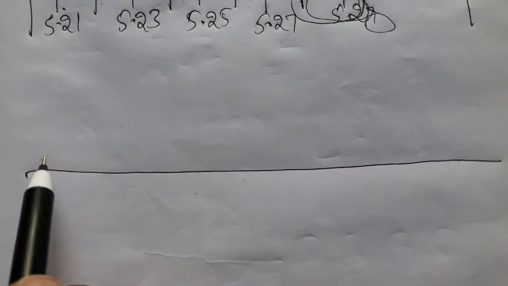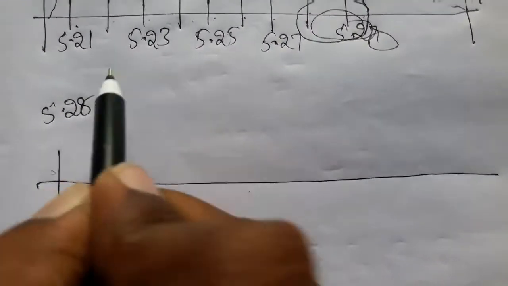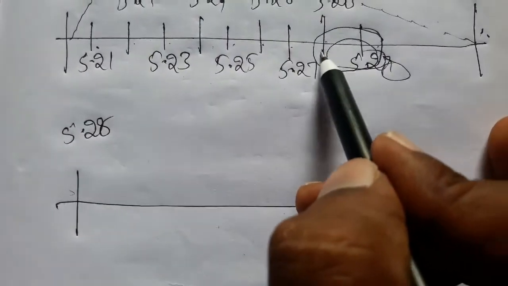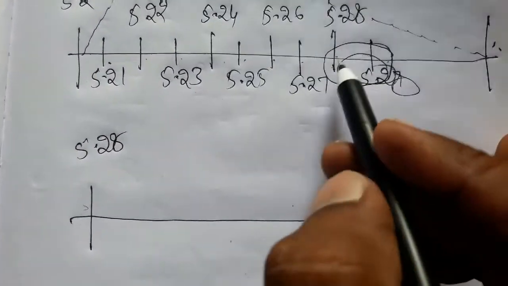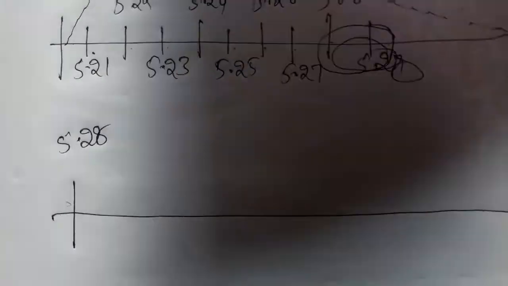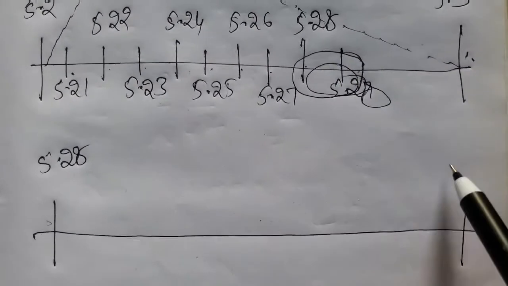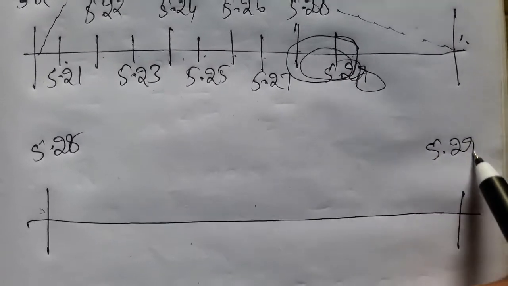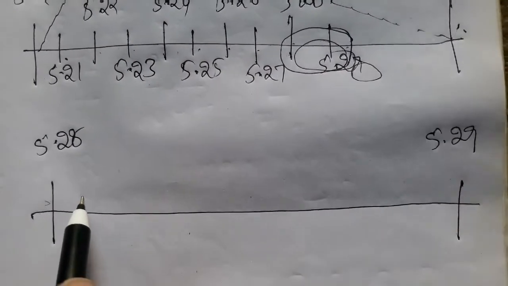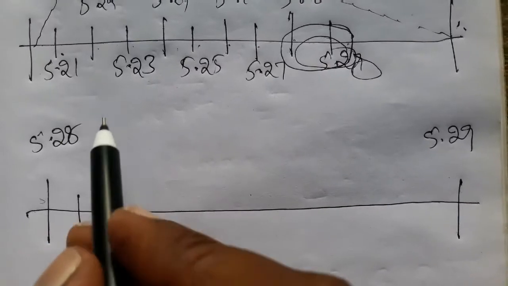This is step 3. Initial number is 5.28, this one, see here, 5.28, and final one is 5.29.